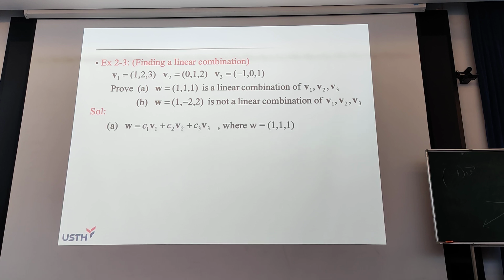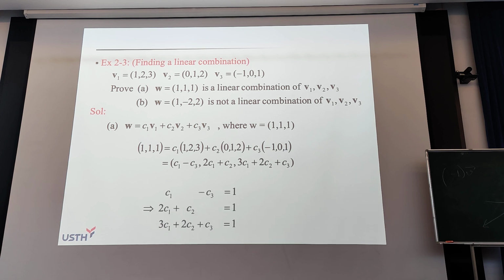For the first one, you need to show that you can find numbers c1, c2, c3 so that w equals that one. And here w is that vector. Then it gives you a system of linear equations like that one.